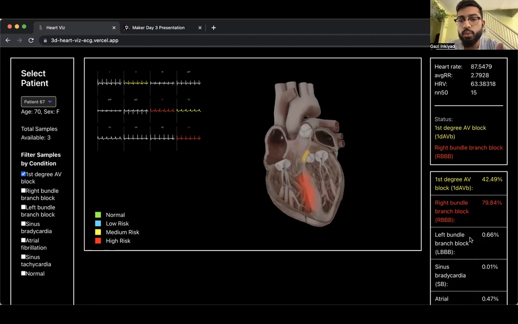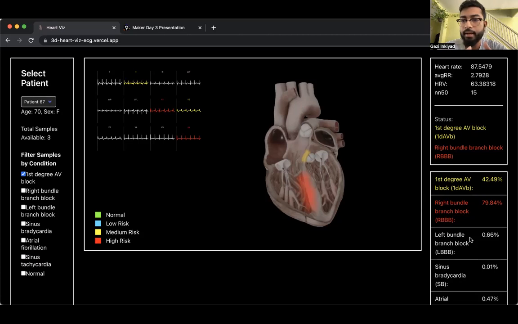However, we do want to use this kind of product as a tool for medical students, because we have seen a lot of medical students struggle with the electrophysiology behind cardiac health, and they were really intimidated by answering these types of questions.